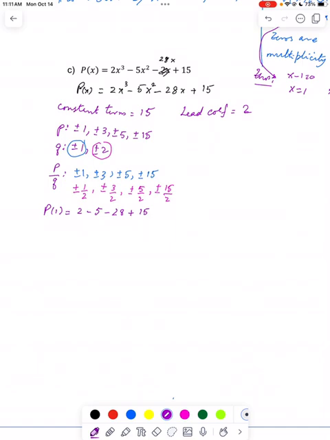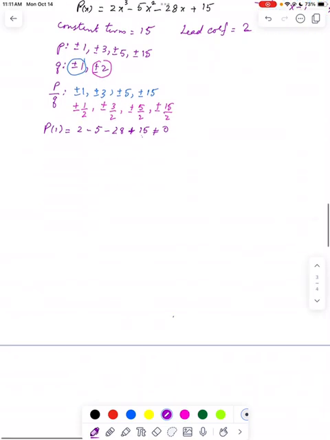Will this be equal to 0? That is my question. Well, by looking at the numbers, I can see that this is already a big negative, bigger than this plus 15 number. So it's not going to give me, so I'm not worried about what the value is. I just want to know that is it going to give me 0.